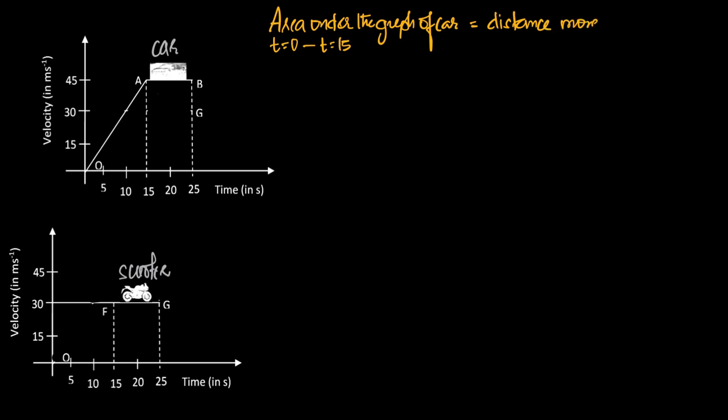See, the area under the graph of the car from t equal to 0 to t equal to 15 will give you the distance moved by the car in t equal to 0 to t equal to 15.